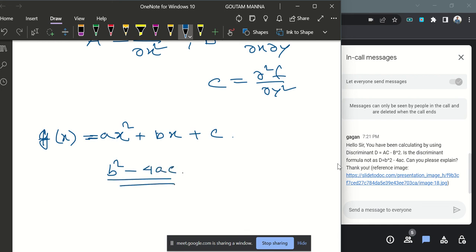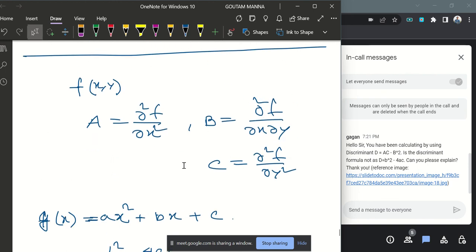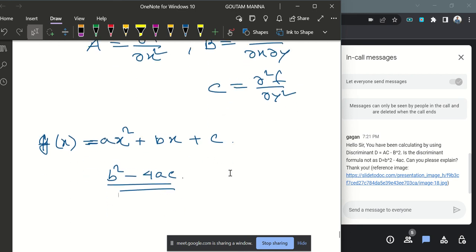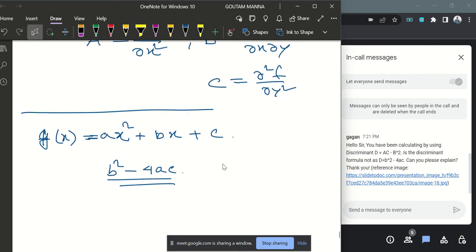You are not asked to maximize this function. Here you are asked to find the roots, so you cannot compare this kind of definition of discriminant. Here you are talking about quadratic equations and all.